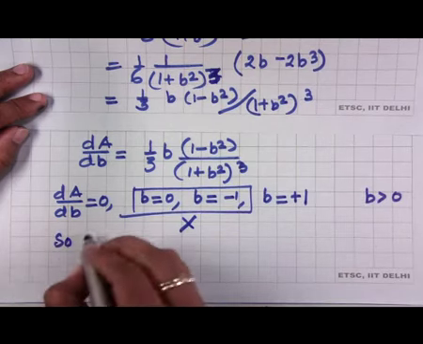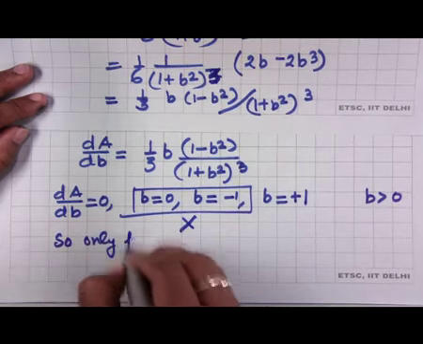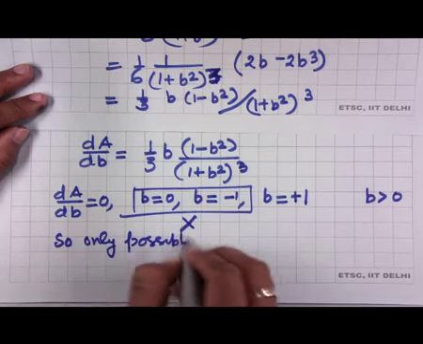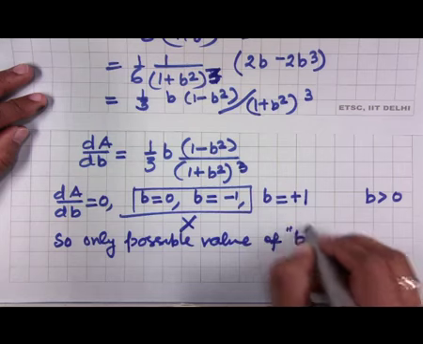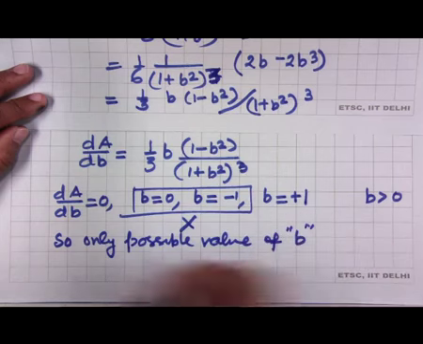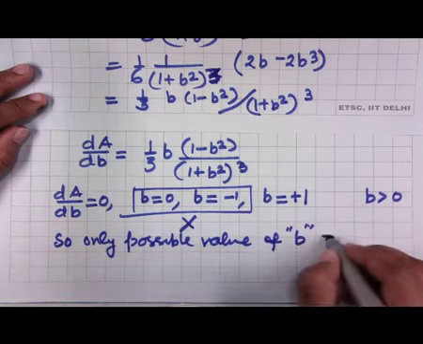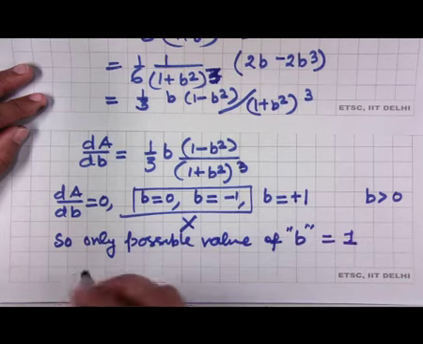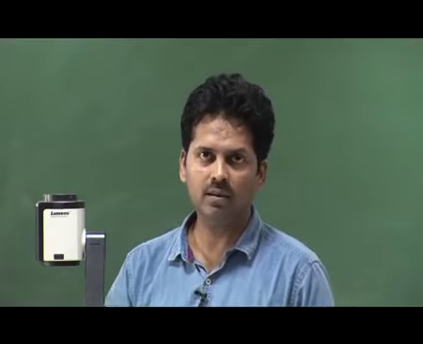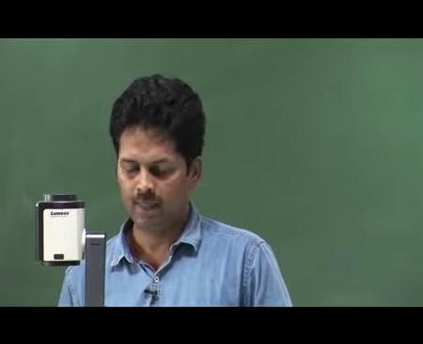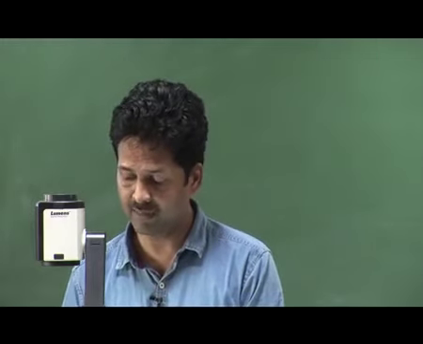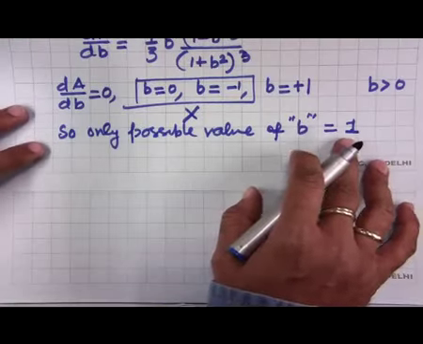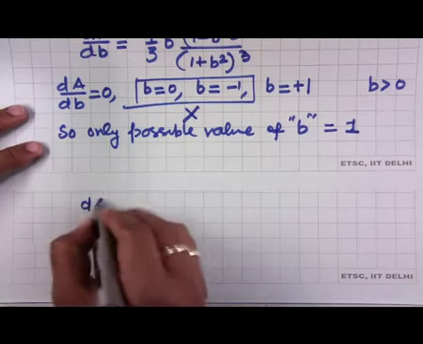So the only possible value of b at which we are supposed to compute maximum or minimum is b equals 1. Now how to find out maximum or minimum? So we are not going to find the double derivative. Let us see how to find out whether the area is maximum or minimum at b equals 1.